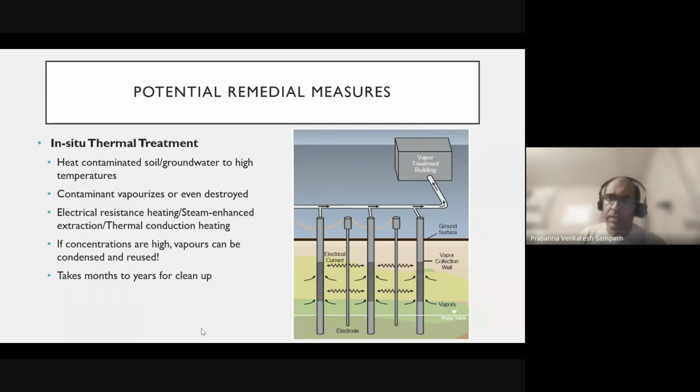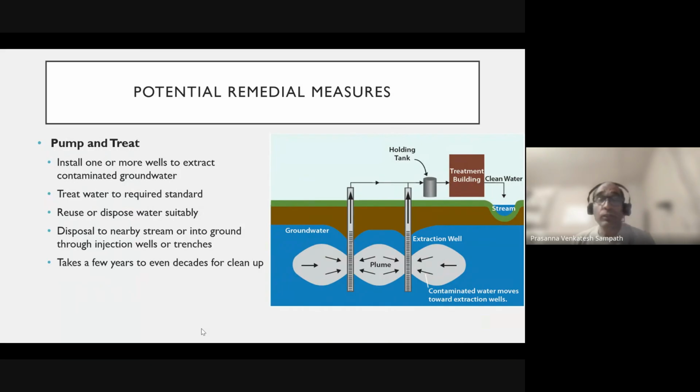Okay, let's move on. One more. Now, this used to be a very popular way of treating contaminated groundwater, but it has become less and less popular as time has gone on, because people have found many problems with this. The idea is pump and treat.